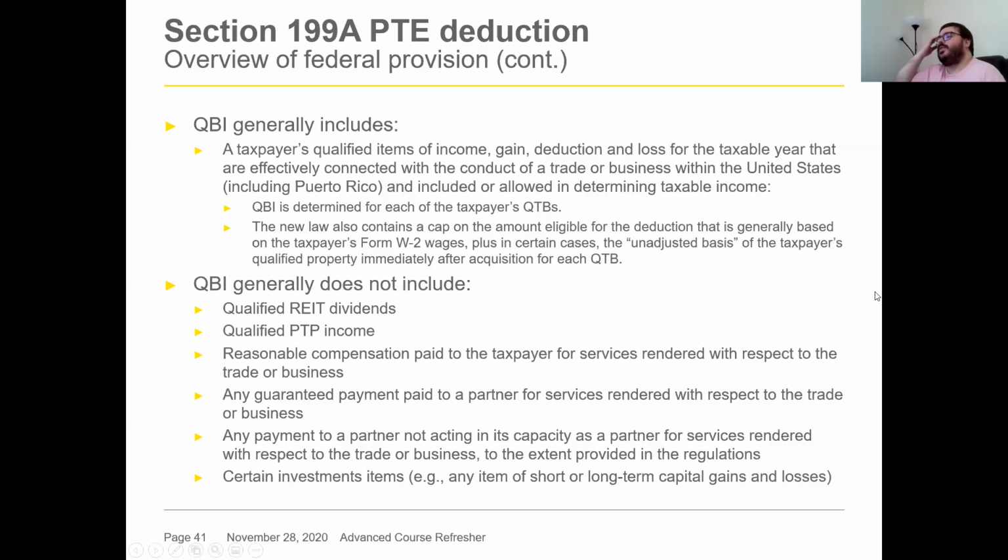So for the most part, this qualified business income is basically any portion of income, gain, deductions or losses that are generated. And of course, if it's a loss, you can't take this deduction. But if it's a gain and it's connected to a trade or business, which if you're self-employed, for the most part, you're considered to have a business, then you're eligible for this deduction.